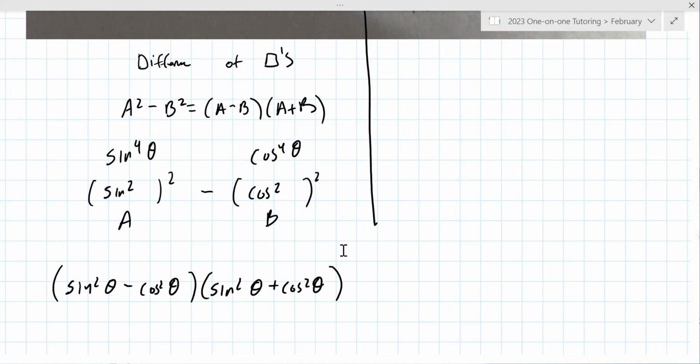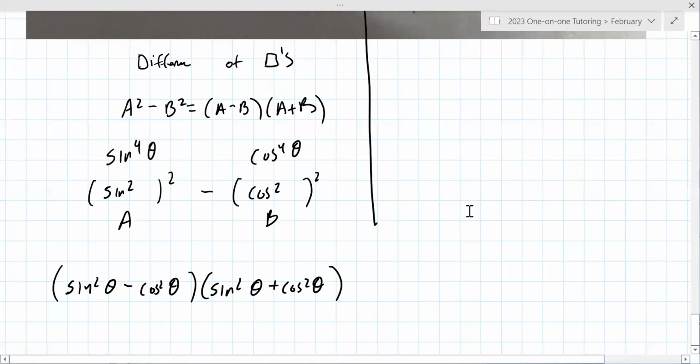All right, do you see anything here that simplifies or cancels? Sine squared theta plus cosine squared theta equals 1. Yeah, this is 1. That's good.